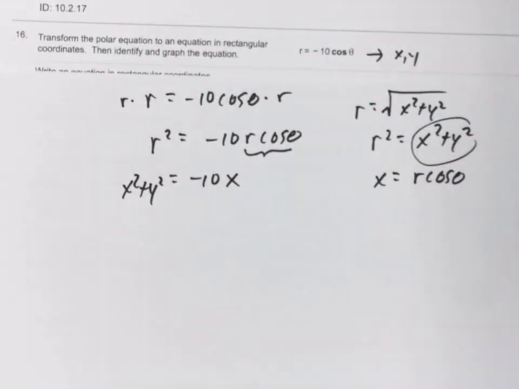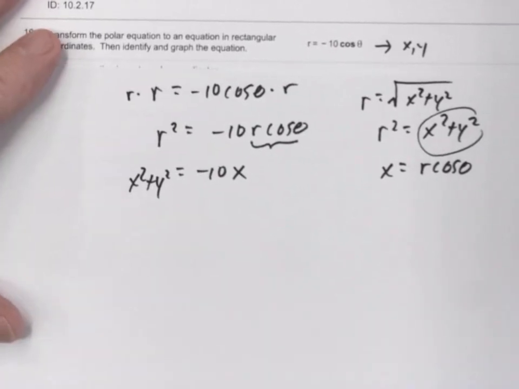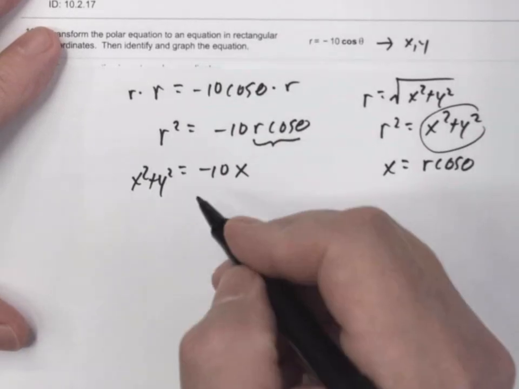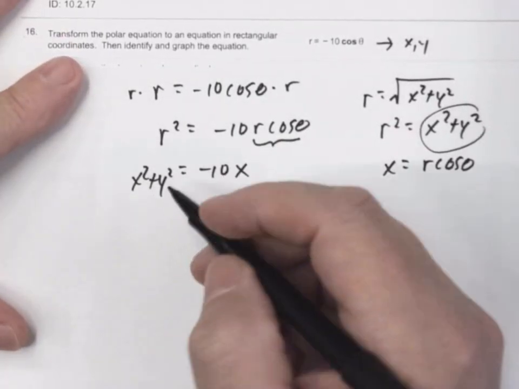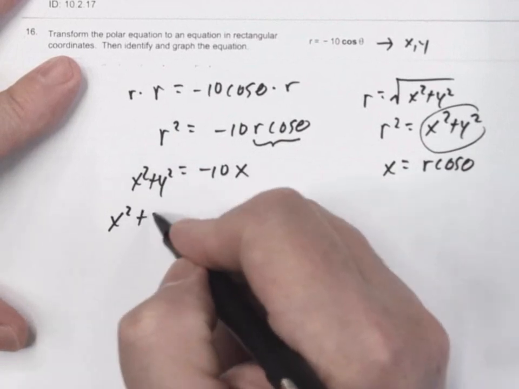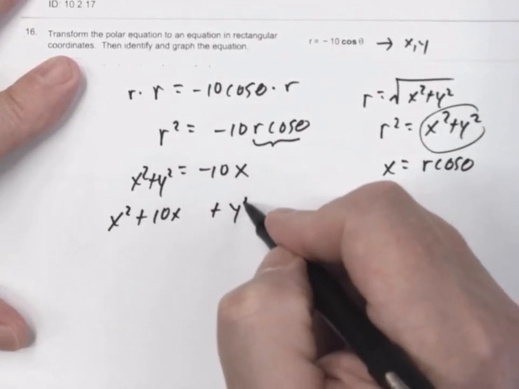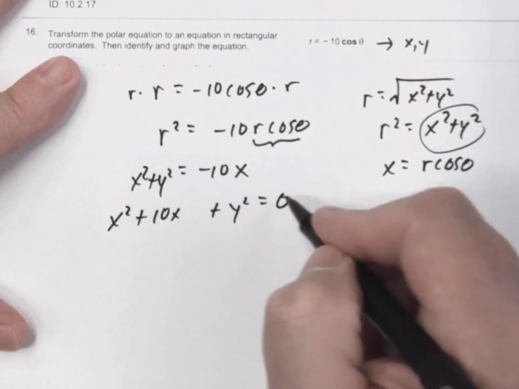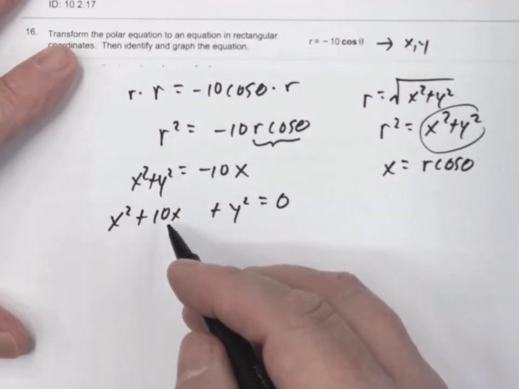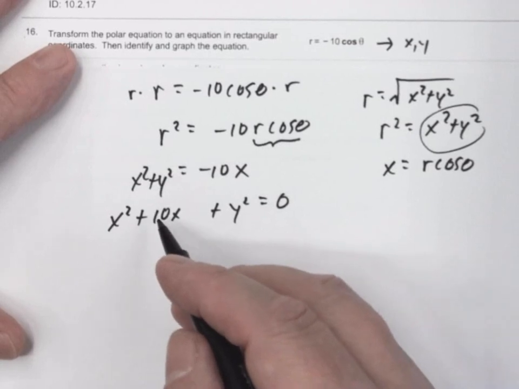Now you may not recognize this right away, so now we're going to have to do some algebra. And here's how you do this. You have to do this thing called completing the square, which is something you learned in algebra. I'm going to get everything on the left-hand side, so I'm going to add 10x to both sides. And I'm going to do this thing with the x's called completing the square. I don't have time to teach you how to do it, but you should know this.